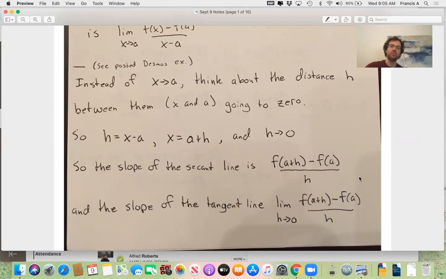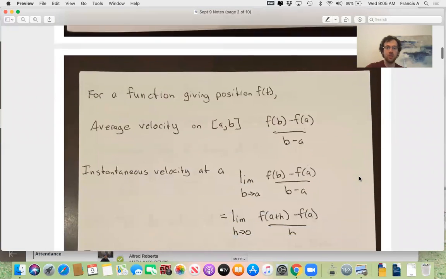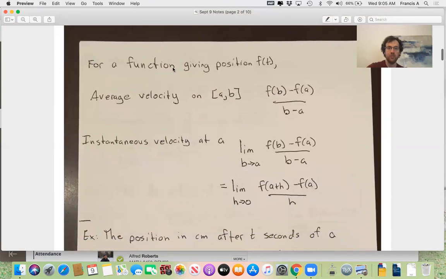But what we also indicated, when we were talking about the height of the drone and how fast it is moving, was that the ideas we used to analyze this drone's motion were really the same as our first pass through understanding the slope of the tangent line. So if we look in that context, we have a function giving position. Here we're thinking there's some designated position 0, and this says after t seconds, how far away are we from that position?